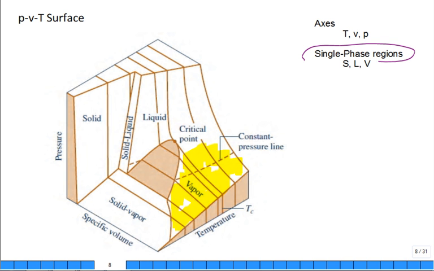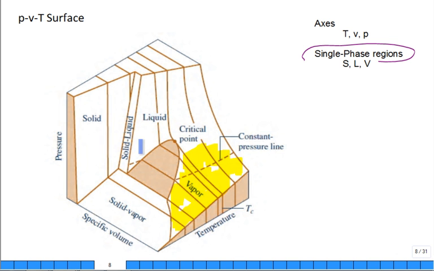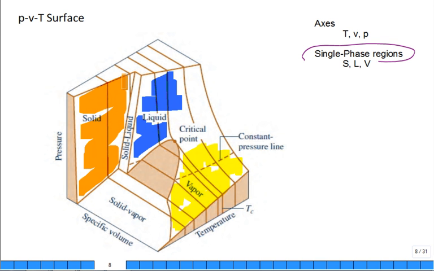Where would it all be a liquid? Where it says liquid. That's too dark of a color, I think, but you see what I'm talking about. And then where would it all be a solid? Right in there.